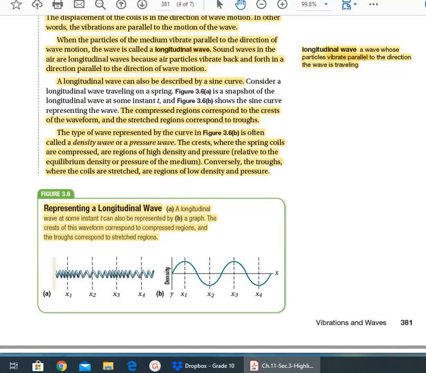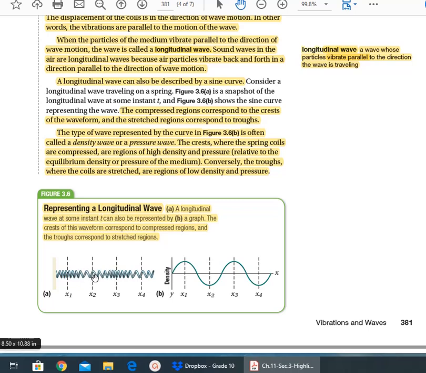Now, we will represent a longitudinal wave on an XY coordinate system, but we cannot draw a slinky on it. We need a mathematical representation or a mathematical function, which is one more time the sine curve. Each part where you have coils compressed or close together, you have greater density. Here you will have lower density of the coils.